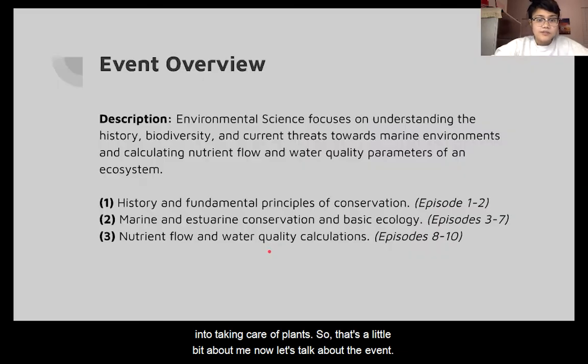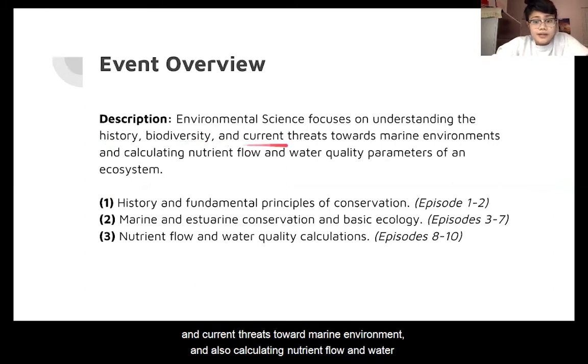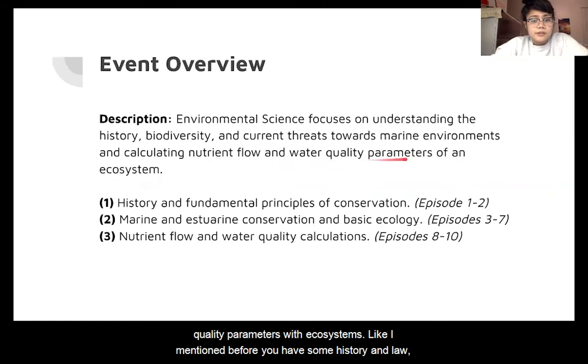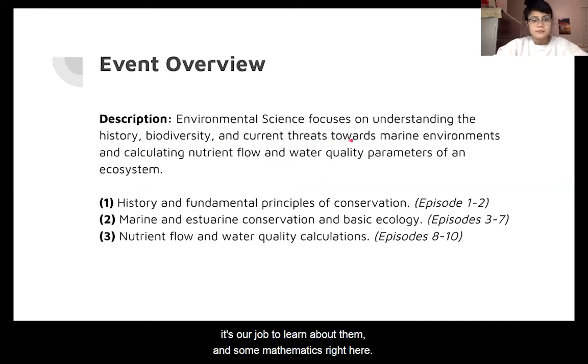Now let's talk about the event. The environmental science event focuses on understanding the history, biodiversity, and current threats toward the marine environment, and also calculating nutrient flow and water quality parameters within an ecosystem. Like I mentioned before, you have some history and law, biodiversity, and unfortunately, we're also going to cover threats, which is a very unfortunate situation, but it's our job to learn about them, and some mathematics right here.